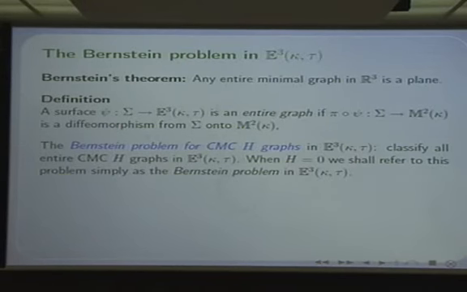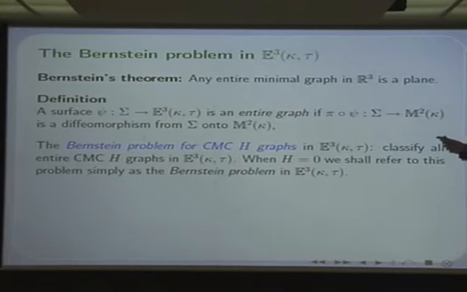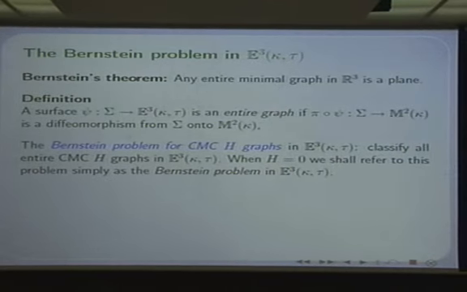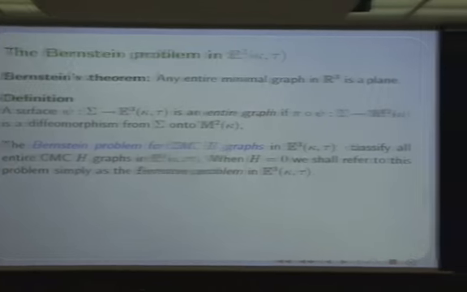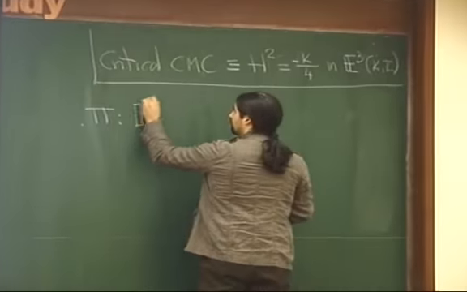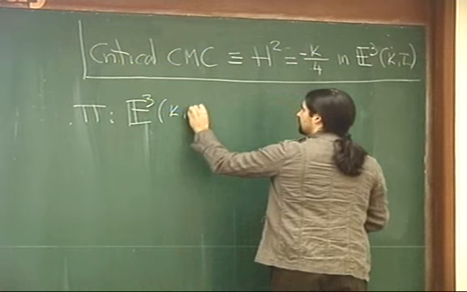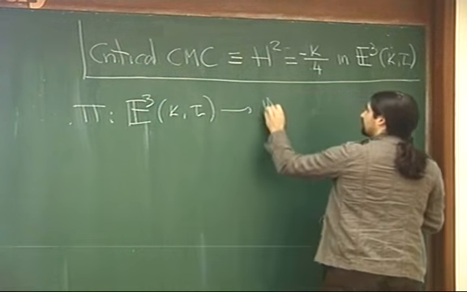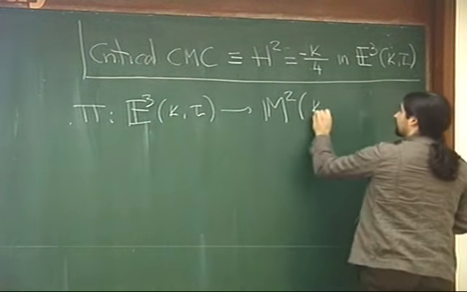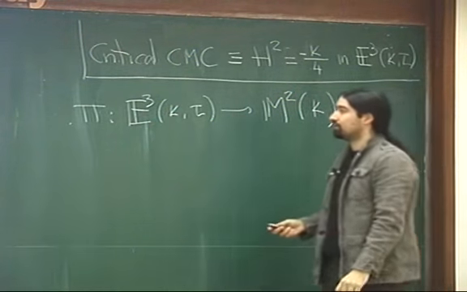All of these spaces are fibrations over a space of constant curvature. That is, you have a canonical fibration from E3 kappa tau into the space of constant curvature two-dimensional M2.